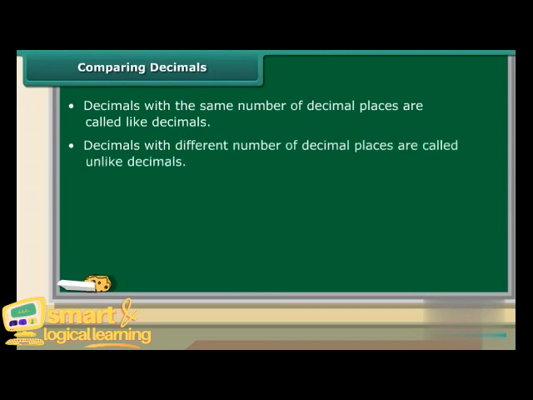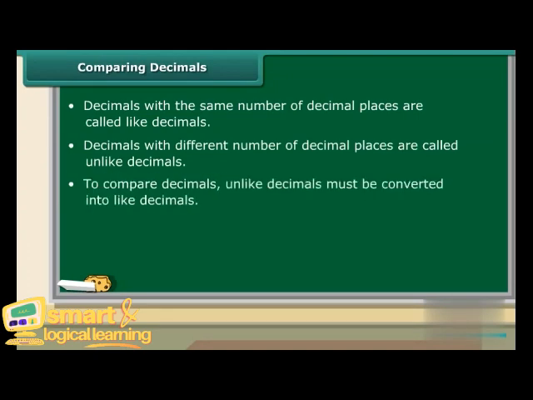Decimals with the same number of decimal places are called like decimals, and decimals with different numbers of decimal places are called unlike decimals. In order to compare decimals, convert unlike decimals into like decimals. This can be accomplished by annexing trailing zeros to the number that has a shorter decimal part. Annexing zeros in the end will not make any difference to the value of the decimal.